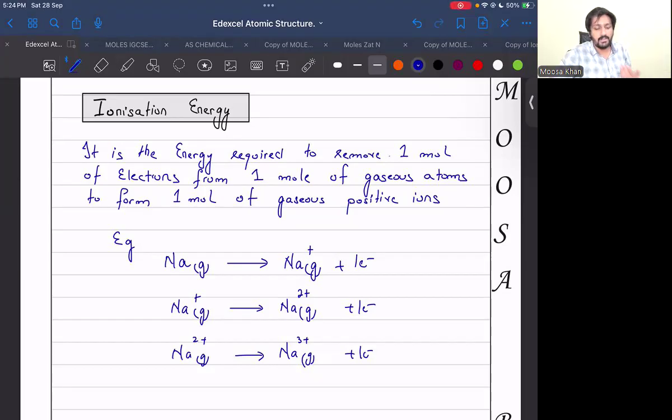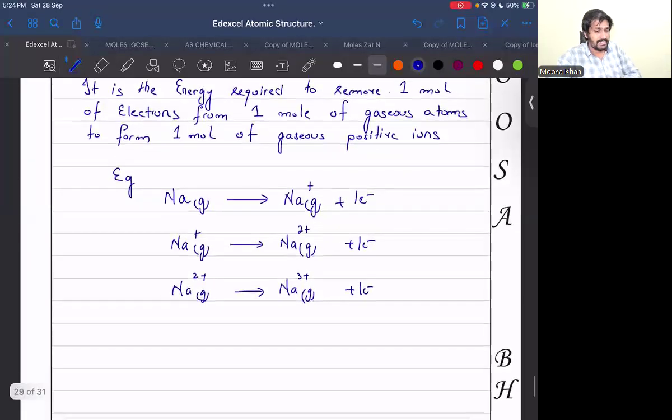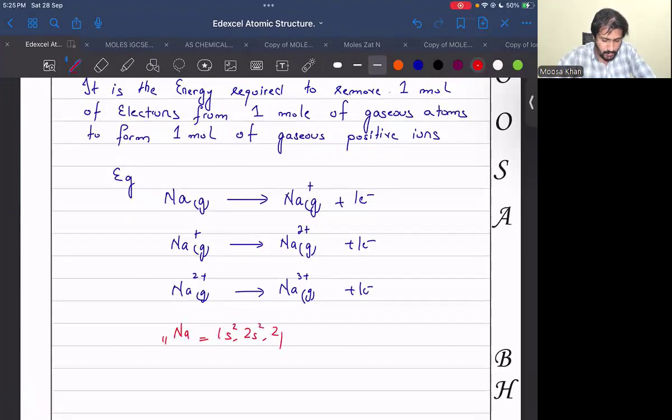And how will you know which electron is of the highest energy? By the electronic configuration. You have already made the electronic configuration of sodium, right? 1s2, 2s2, 2p6, 3s1. So the electron in the highest energy orbital is of the highest energy. If you see the electrons of the 2p subshell, it has three orbitals, 2px, 2py, and 2pz.